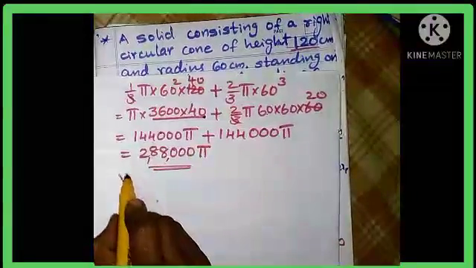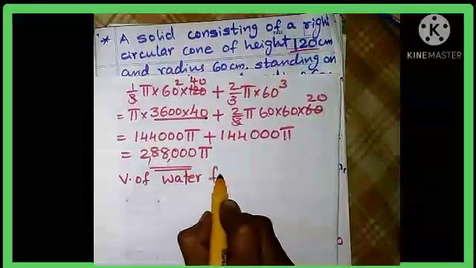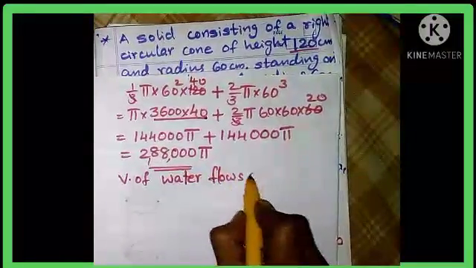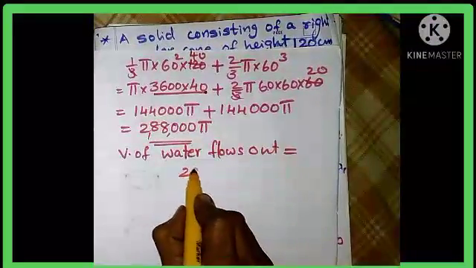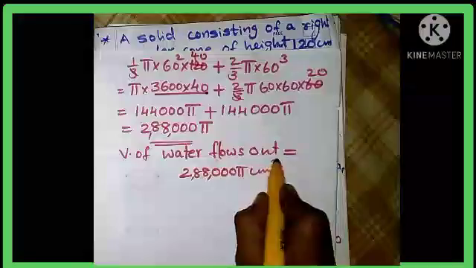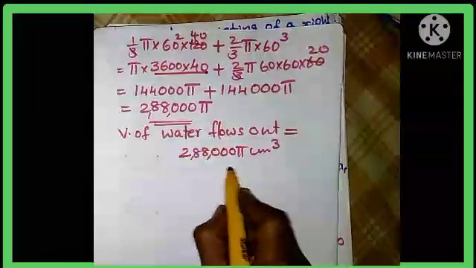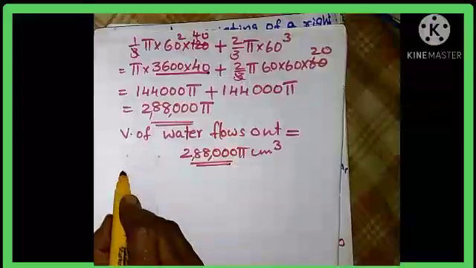So the volume of water that flows out is 2,88,000 pi centimeter cube. Now what is our question? How much water is left in the cylinder?